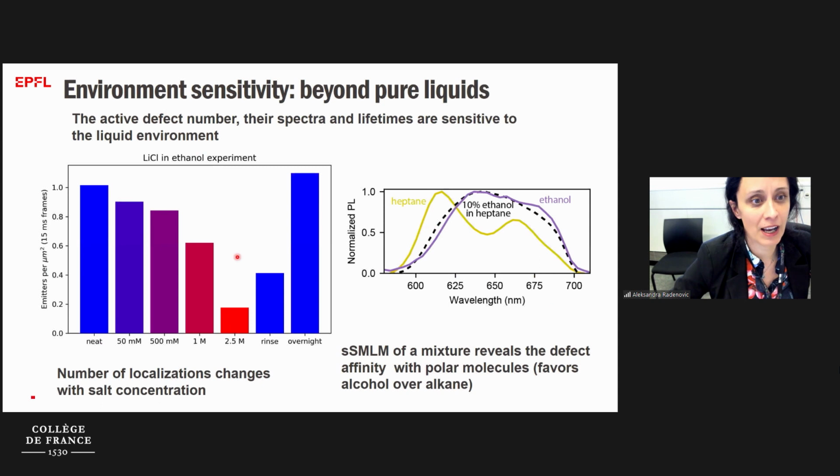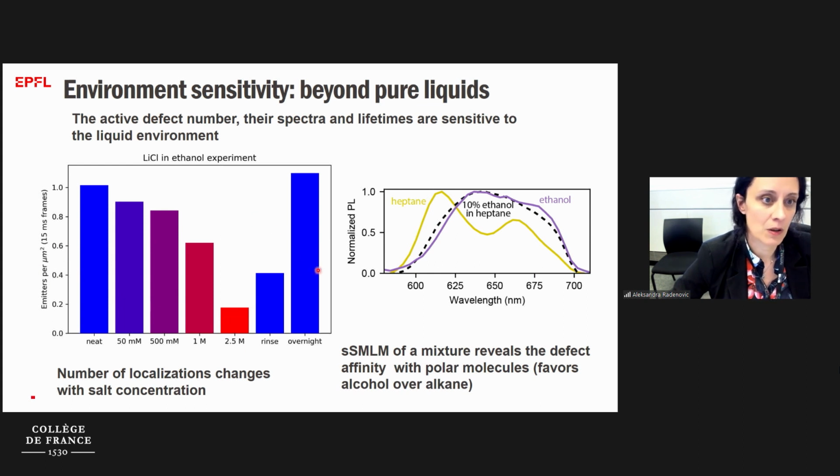Also, and I think very important for nanofluidics research, by adding a salt to these organic solvents, we can see an influence on the number of emitters that we have per square micrometer. By increasing the concentration of the ions, we see smaller and smaller numbers of optically active emitters.